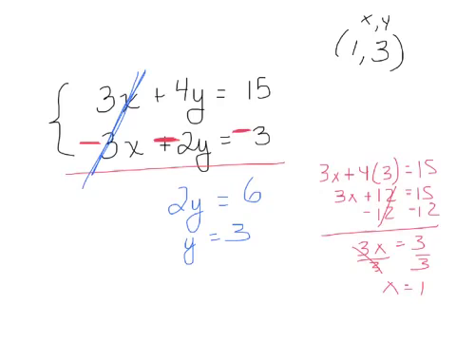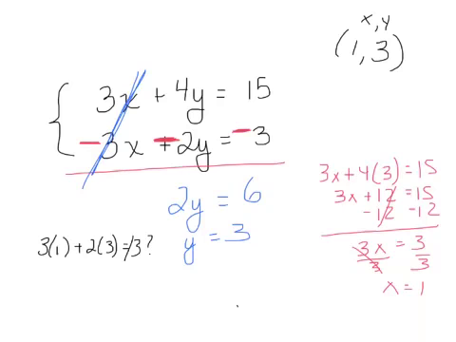I can check: does 3 times 1 plus 2 times 3 equal 3? In this case, I can say that 3 plus 6 does not equal 3, which means I made a mistake somewhere.